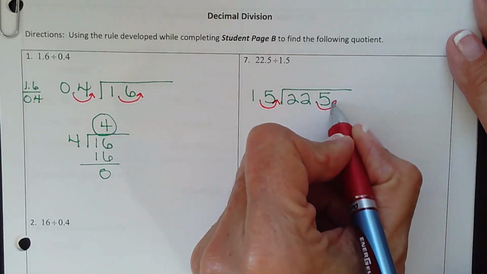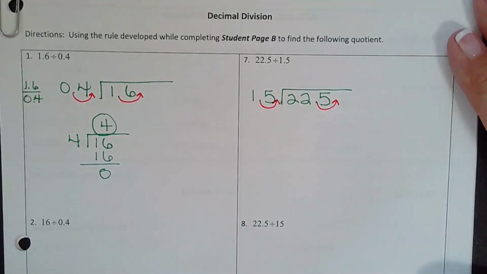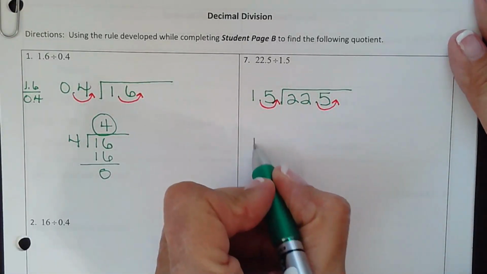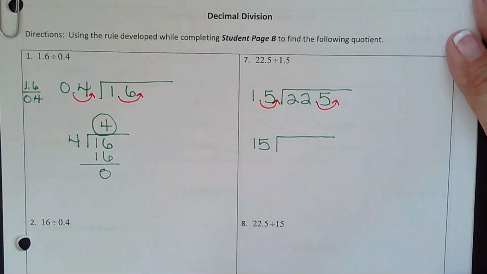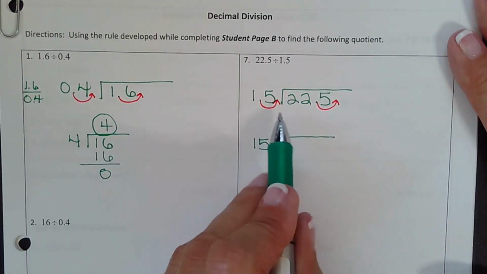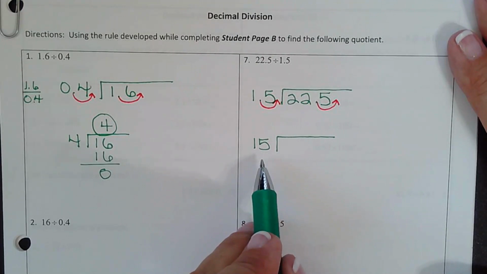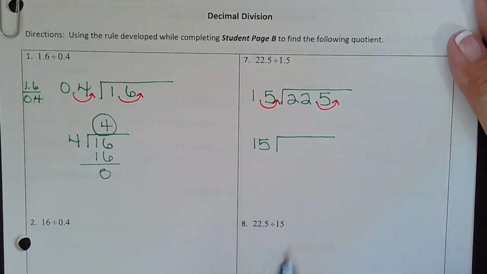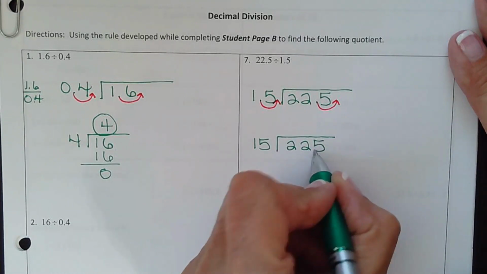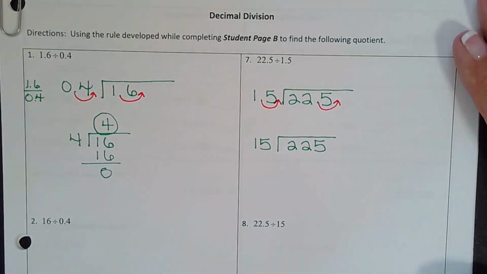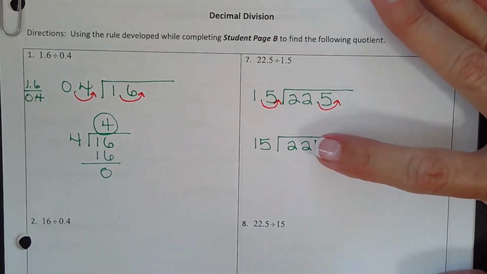Therefore, this one must move 1 right again. So our new problem with the new decimal places, now they're both whole numbers. The outer number is 15, and the dividend is also a whole number, 225. And then we just do regular long division.